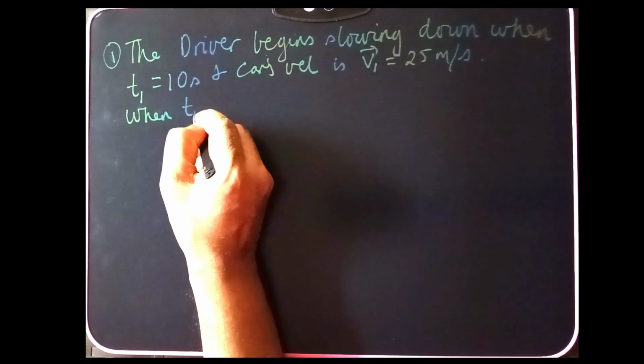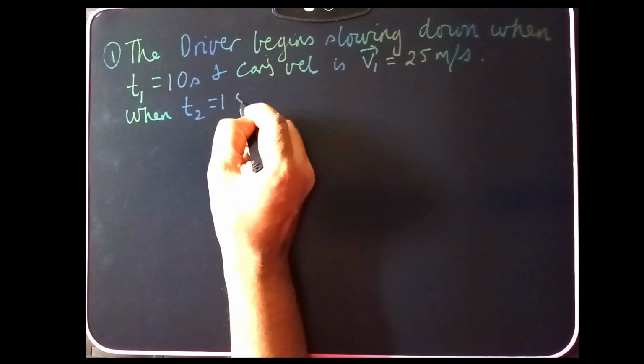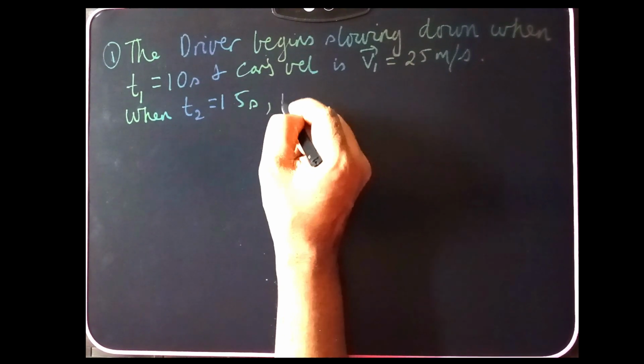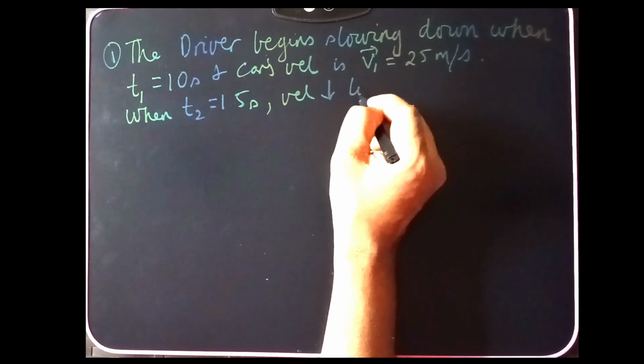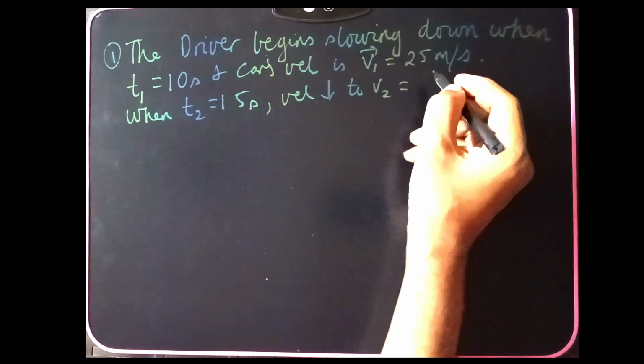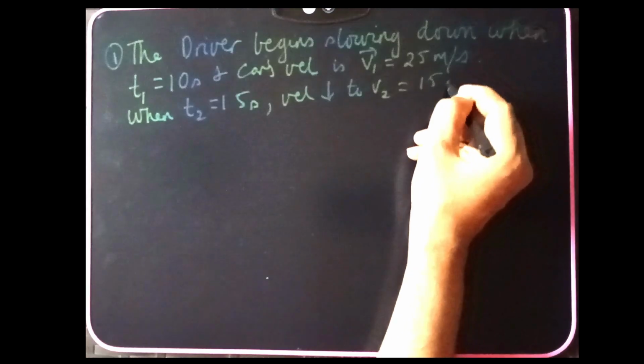When time t2 is equal to 15 seconds, the velocity is reduced to v2 equal to 15 meter per second.